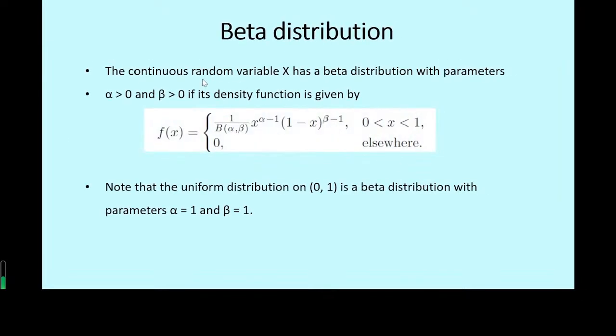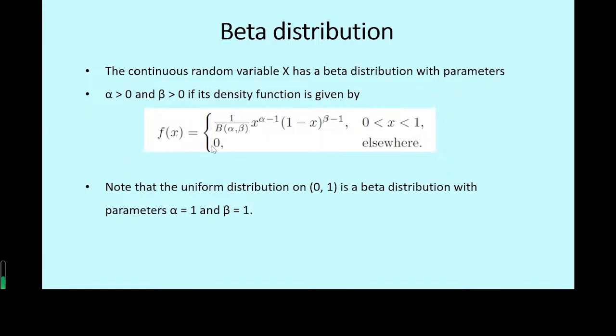Then we can see the beta distribution density function has the form of 1 divided by the beta function of alpha and beta, times x to the power alpha minus 1, times 1 minus x to the power beta minus 1. This density formula is for the x variable between 0 and 1.